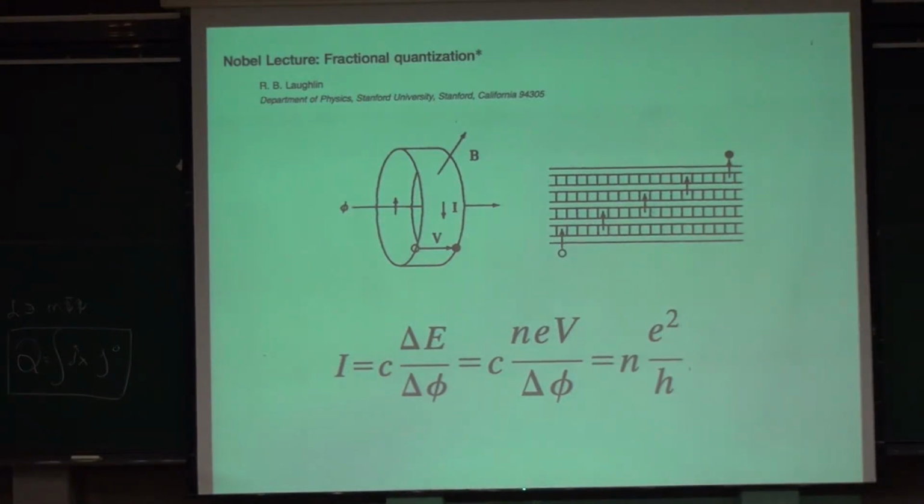This argument is, some would say, brilliant, but it's also, I would say, not completely transparent, at least to me. Laughlin showed that, yes, the experimental result could be understood through this Gedanken experiment.